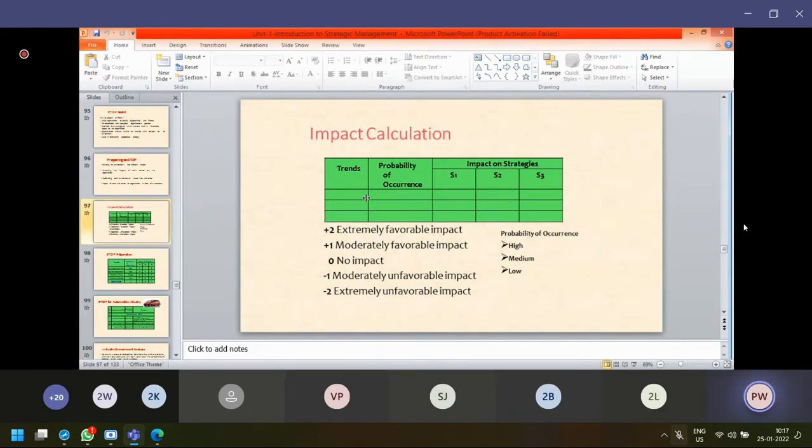Vishant? Hello, sir. Are you understanding this table? Hello, sir. Sir, can you repeat once again? So once again, I will explain to you about this table.